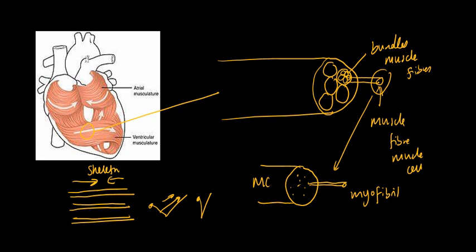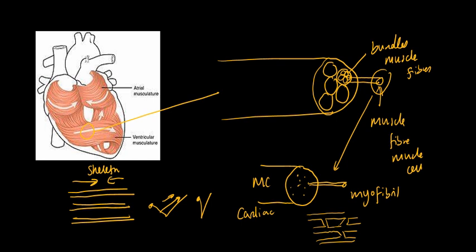However, in cardiac muscle, I'm going to have a slightly different arrangement. My myofibrils are going to be branched, which means the arrangement looks slightly different, something a little bit more like this.